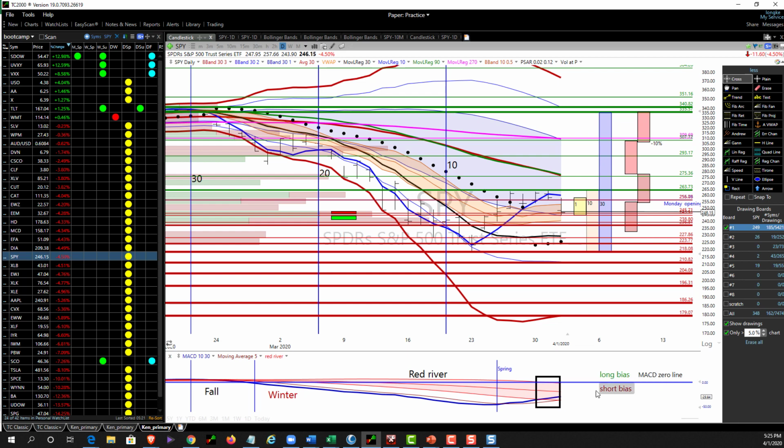Our MACD zero line is there. We're still in the spring and enter the Red River. And all of the things being equal, I'll bring this back down to the Z3. That's that.